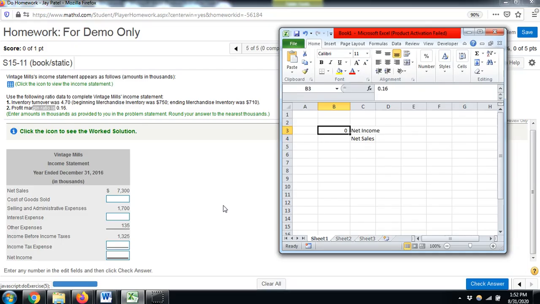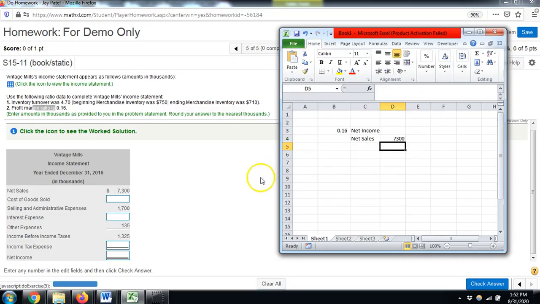This is not the most straightforward visual representation, but just follow me verbally. So what do we have here? We know net sales is 7,300.